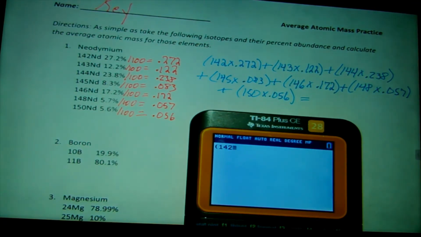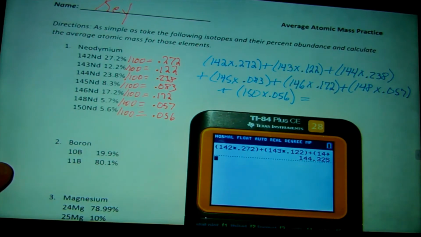Parentheses 142 times 0.272 plus 143 times 0.122 plus 144 times 0.238 plus 145 times 0.083 plus 146 times 0.172 plus 148 times 0.057 plus 150 times 0.056, each in parentheses.